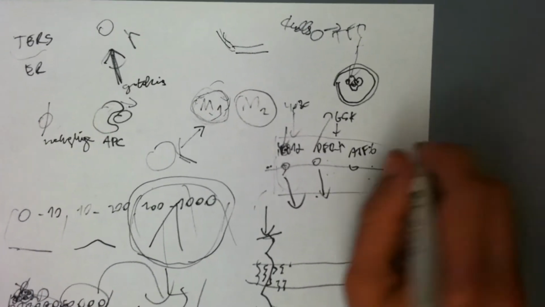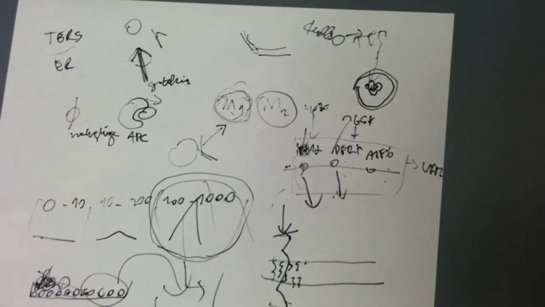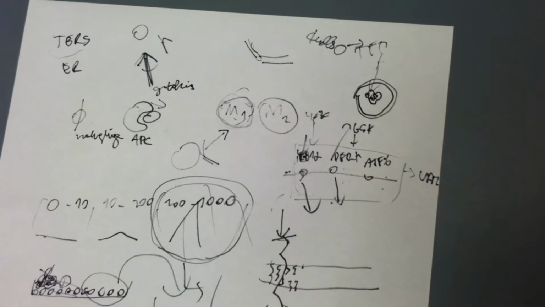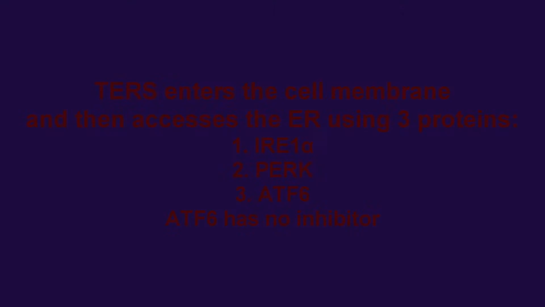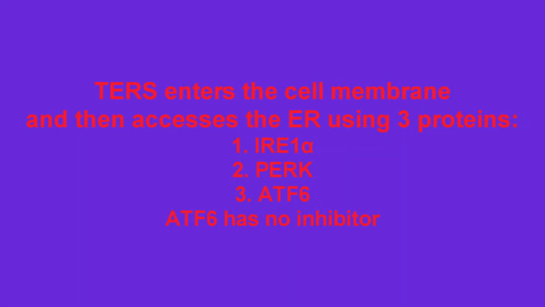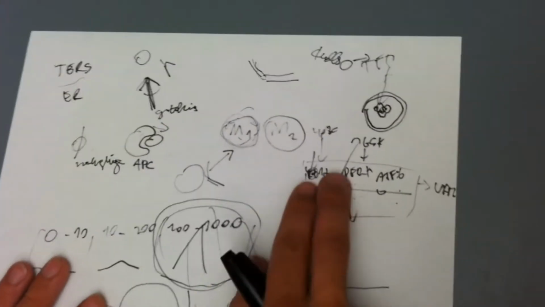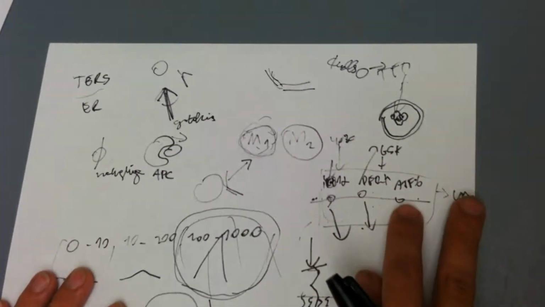And this is supposed to deal with an external stress of the cell. If it's not one of these two proteins, it can only be the third one.